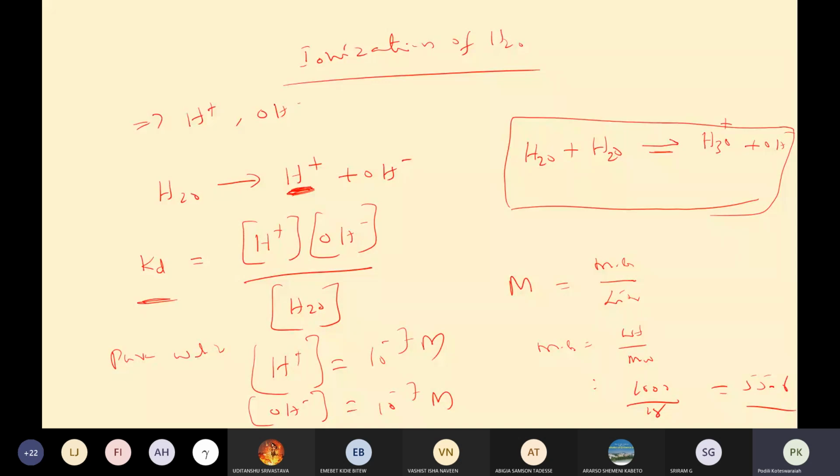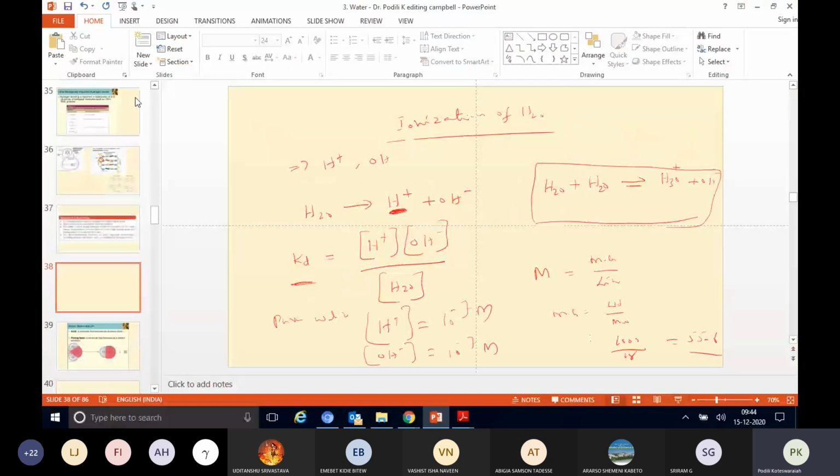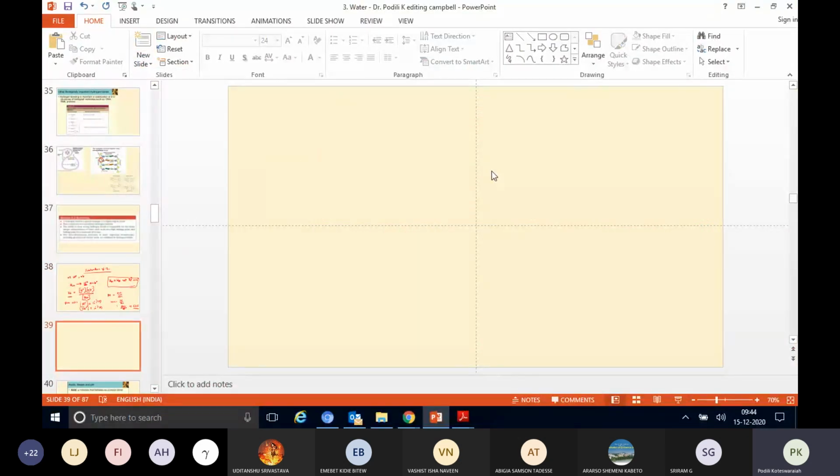Coming to the ionic product of water, Kw, it is equal to the concentration of H plus times the concentration of OH minus. As I already said, in pure water the concentration of H plus is 1 into 10 to the power of -7 molar, and the OH minus concentration is again 1 into 10 to the power of -7 molar.